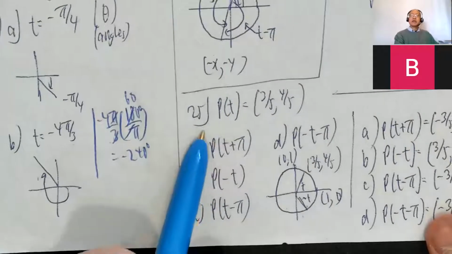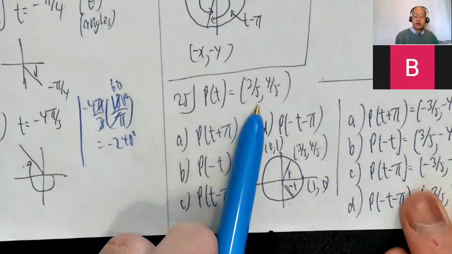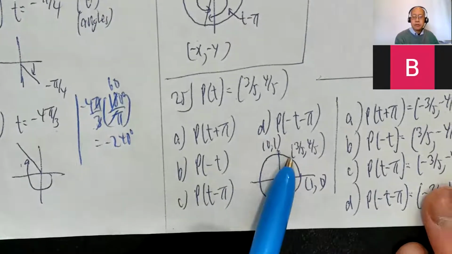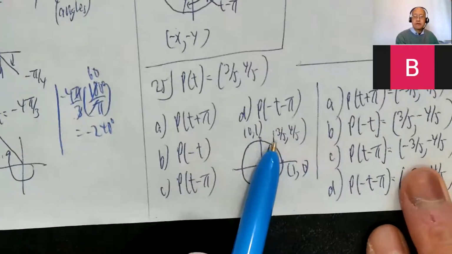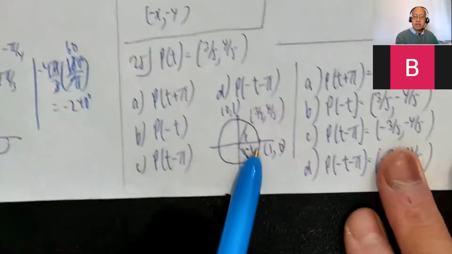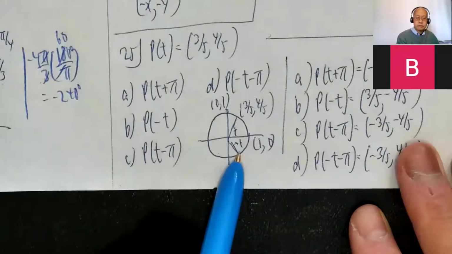It says P of T is 3/5, 4/5. This is a point on a unit circle, as it turns out. So T is an angle. Here's 3/5, 4/5. This is 1, 0. So this would be the angle T. This is the angle negative T, for instance.